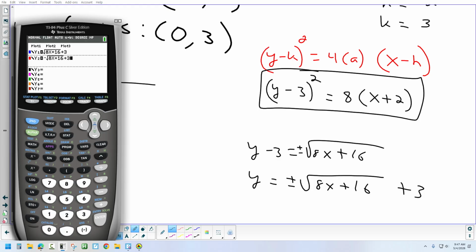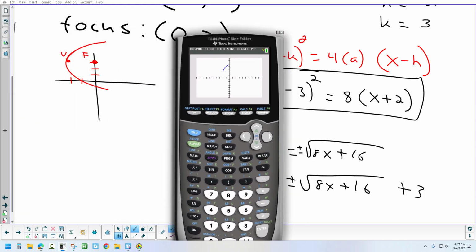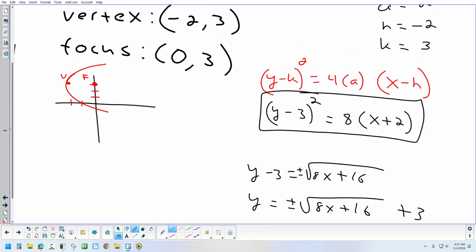Okay, so let's hit zoom 6 and see if it looks something like that. It doesn't connect in the middle. There's nothing I can do about that. But that's what we wanted. Okay, any question on that?